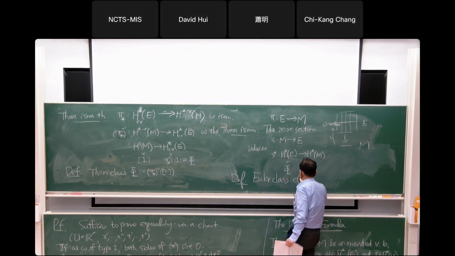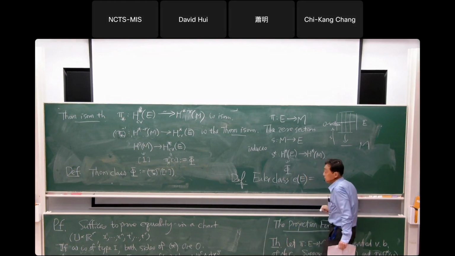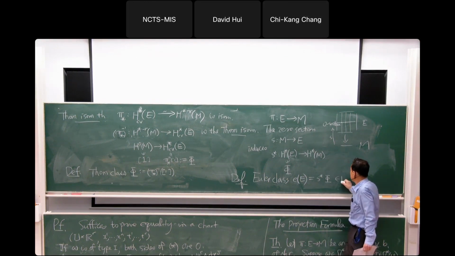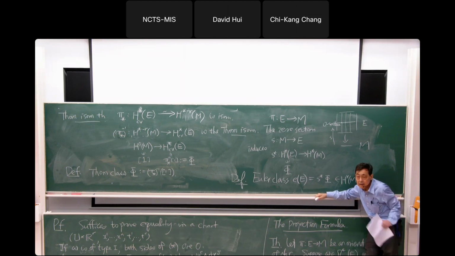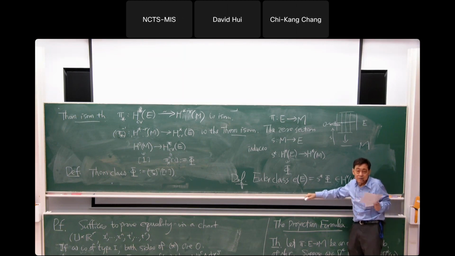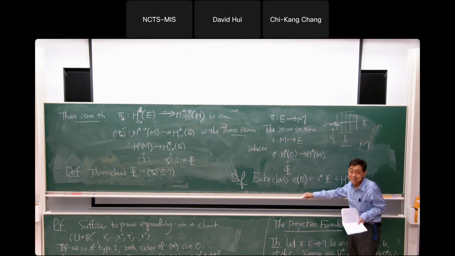So the Euler class of the oriented vector bundle is the pullback of the Thom class. And it's a cohomology class in M. Yeah, so both of these cohomology classes must be very important because they just come with the vector bundle without any choice.